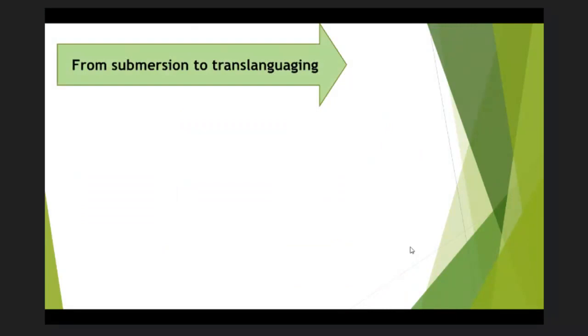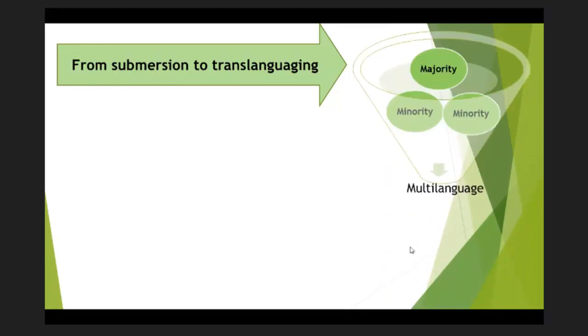For the first discussion, there are two models that we need to define and make clear. This is submersion and translanguaging. Both models here refer to the way or the level we use majority or minority language in educational settings of a multi-language community.